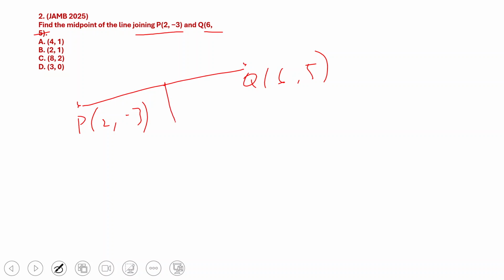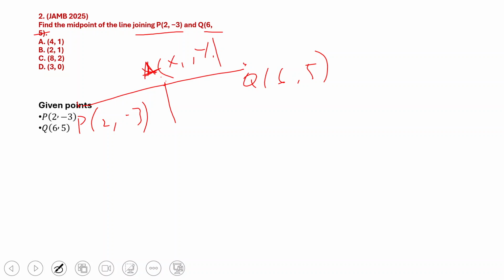The midpoint is a point on the line like this, maybe this point here. It's a coordinate at this point. Let me call it point A with coordinates x1 and y1. So our goal is to find that point.